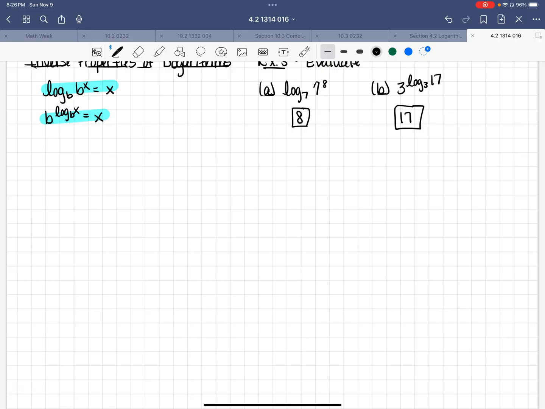Okay, let's talk about graphs of logarithmic functions.